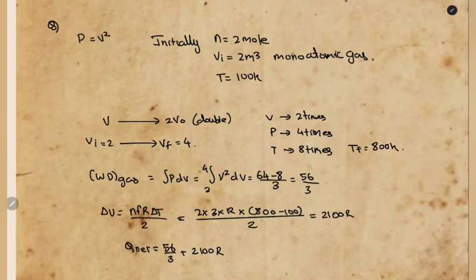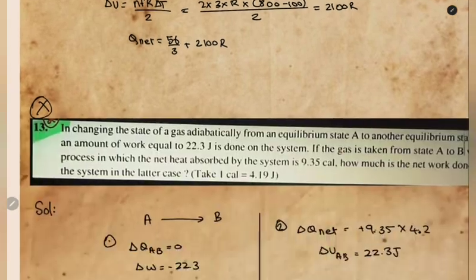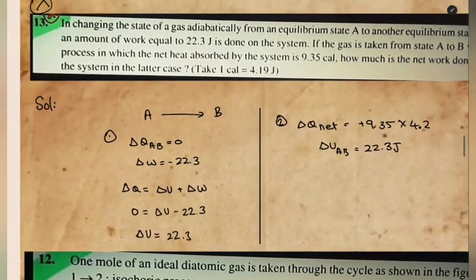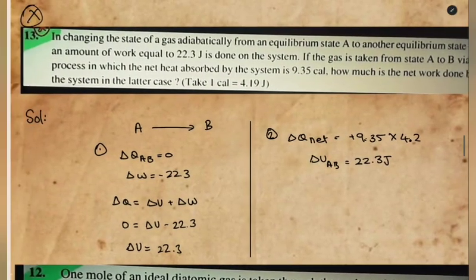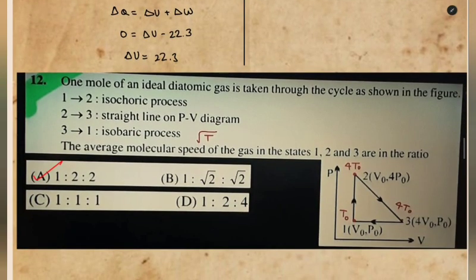So 2 to 4, you just want to integrate it. Here we should have P, right? So we have converted into V square, so no problem, just integrate it and get the answer. And Q net also you can get, just add both these things according to the first law of thermodynamics. So yeah, let's solve some questions at home. I'm not going to solve this, just take the question as homework, okay.